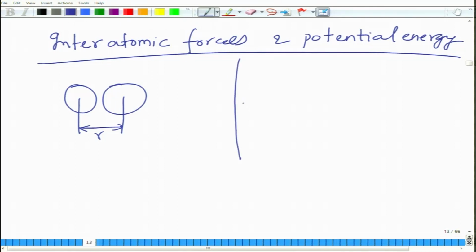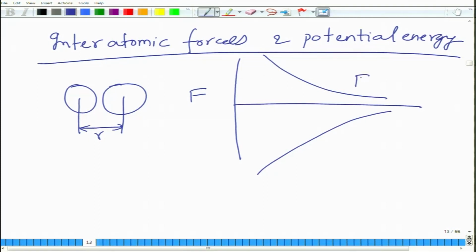When you bring these atoms together, there are two kinds of forces between the atoms, the force F: first is the repulsive force, second is the attractive force. So, this is Fr, this is Fa, and this is the distance r.